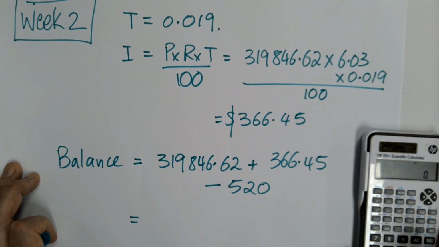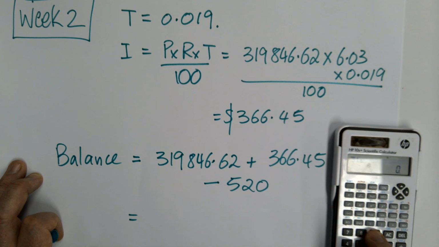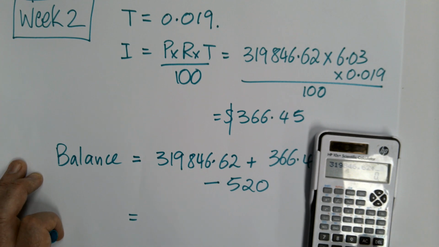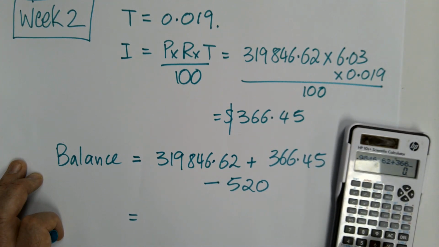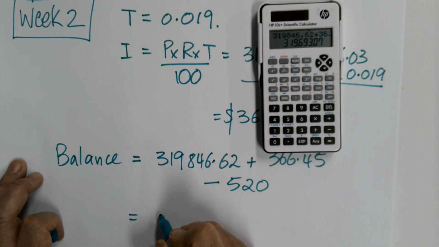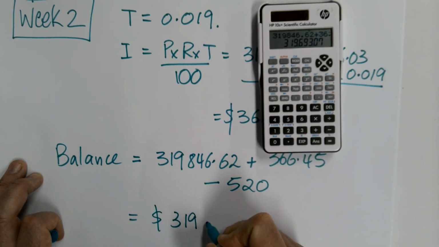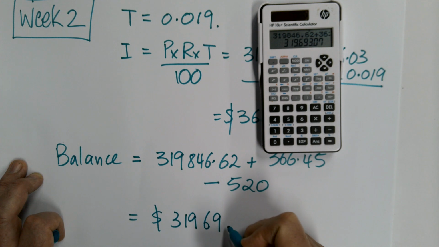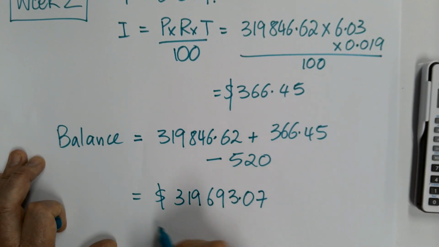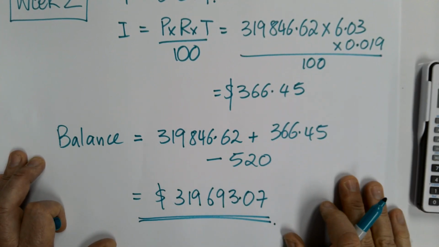And what have I got? 319,846.62, adding the interest, which is $366.45, and then I'm subtracting my repayment. So I've got $319,693.07. So that's what's left at the end of week 2.